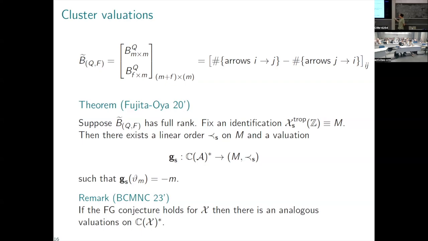This is the case where my variety V is of A type, and in our recent paper we also focus on the X side of the picture. We also need some hypothesis. We don't need the full rank hypothesis, but we need the full Fock-Goncharov conjecture to hold. This remark is going to come back in the concluding remarks.